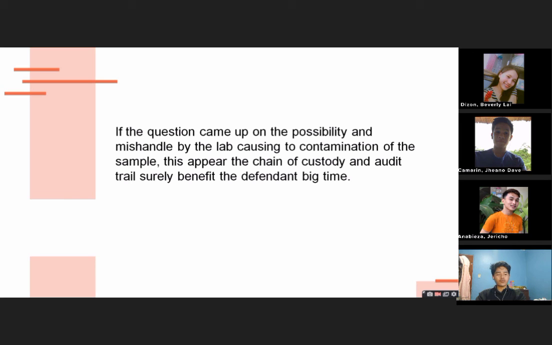When the lab result is possibly handled by a bad hand, this might end up in disaster, since it will cause contamination of the sample. Same goes with the toy gun: if it lands in a bad hand, it will surely end up used in bad doings.